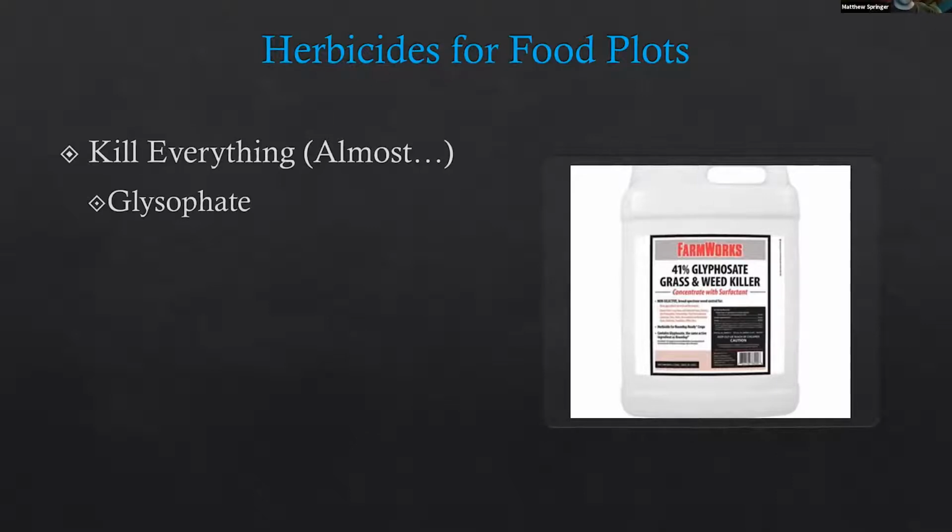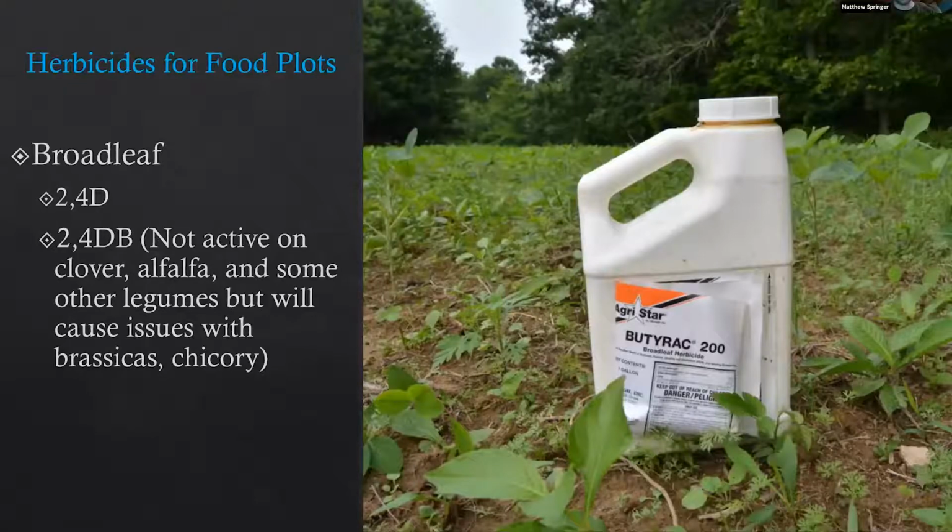The next one is for broadleaf plants, and you're going to have a wide assortment of broadleaf weeds that pop up in your plot. The good thing here is you have a couple options. You have the generic straight broadleaf treatment that we use, 2,4-D. Here's an example of one of the ways it's named for purchase in the picture.